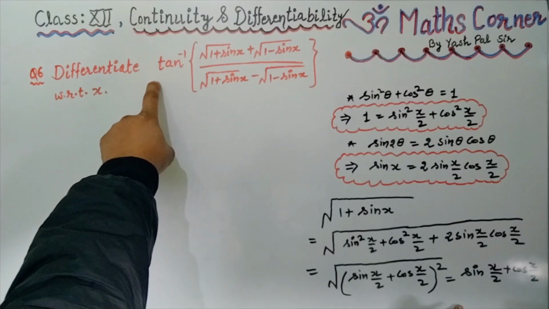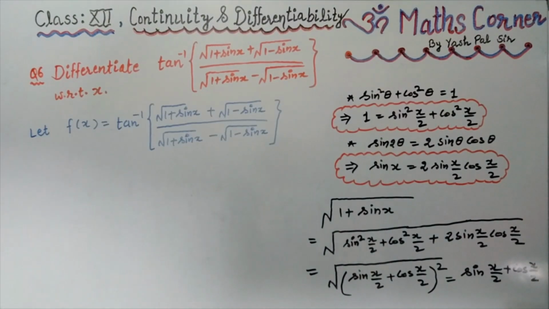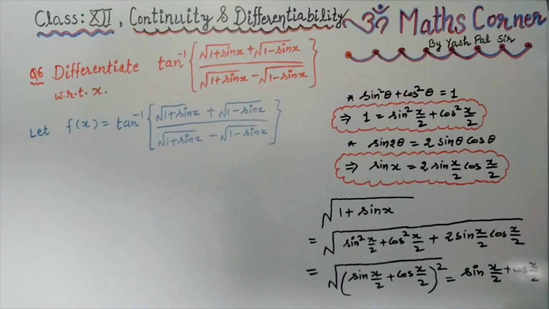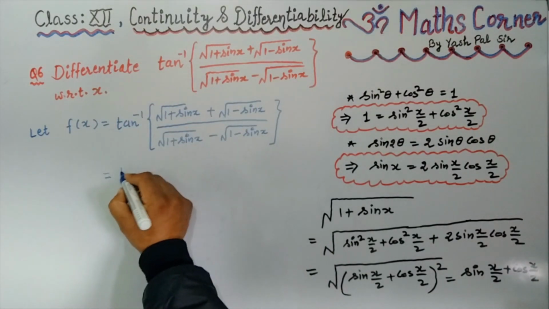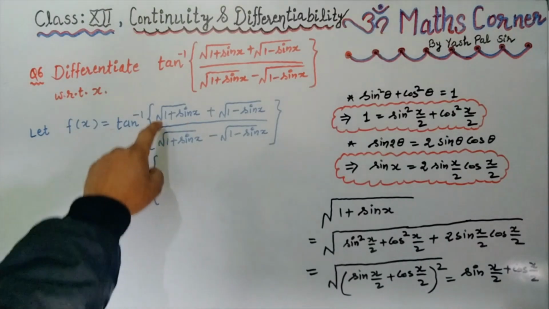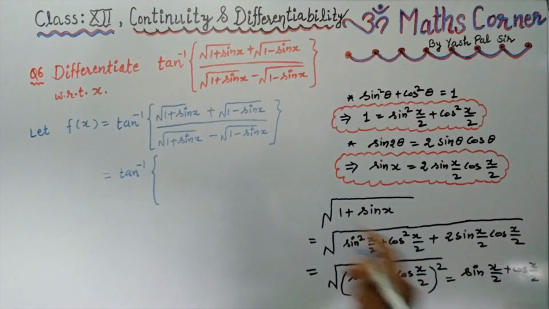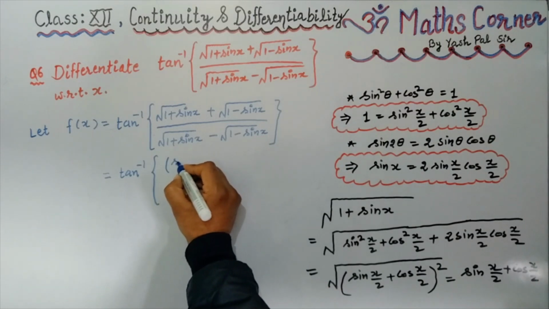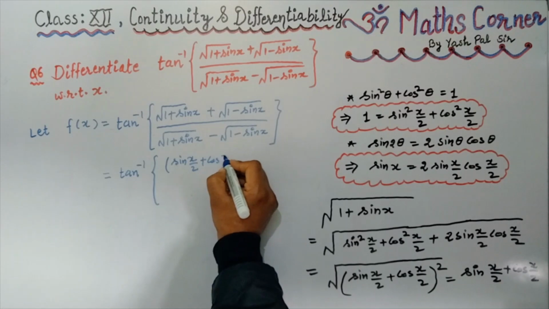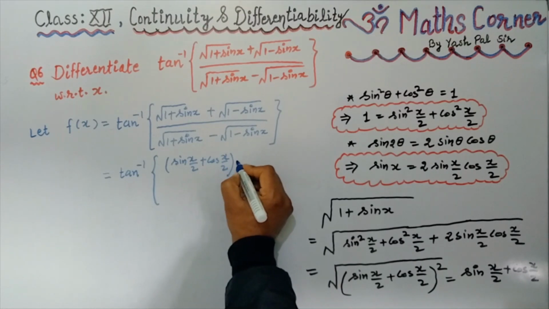Now we substitute these values here. First of all, let f of x be equal to the whole function. Now we substitute the values. Tangent inverse: what is the square root of 1 plus sin x? The value is sine of x by 2 plus cos x by 2.